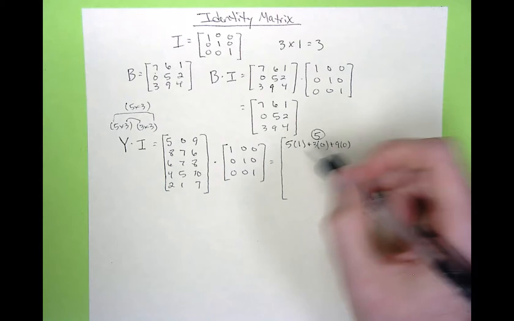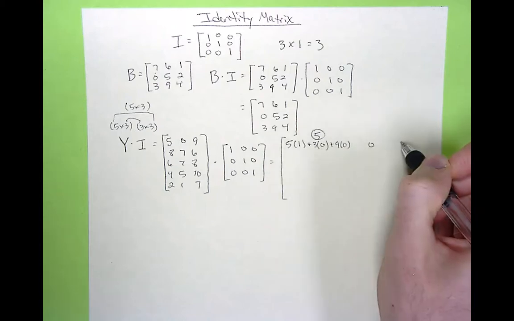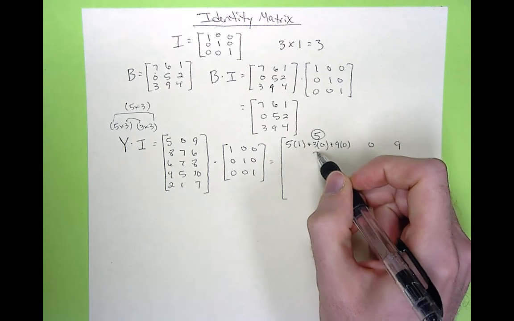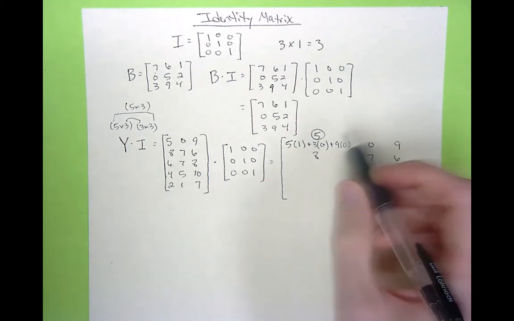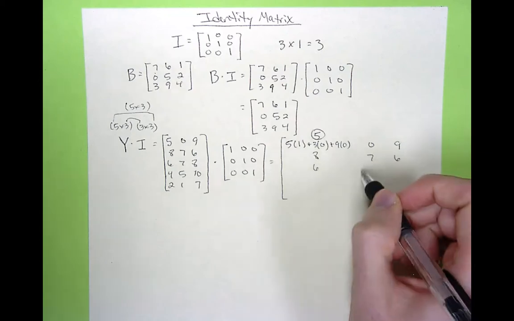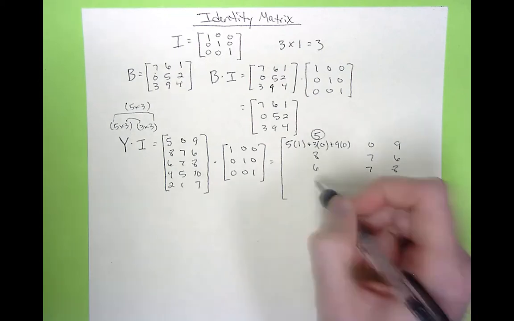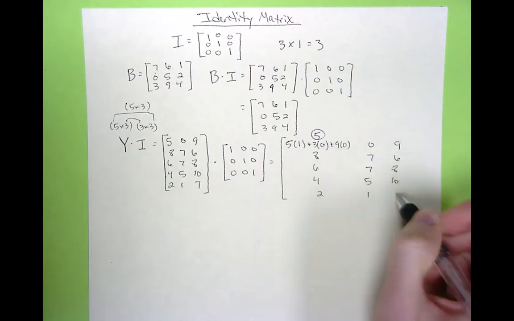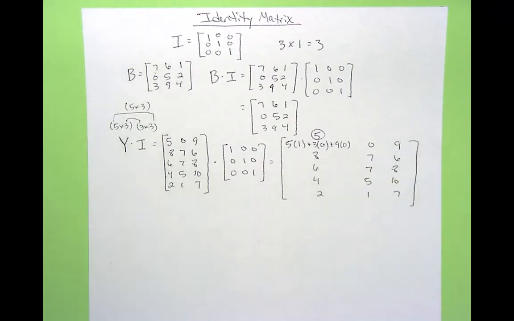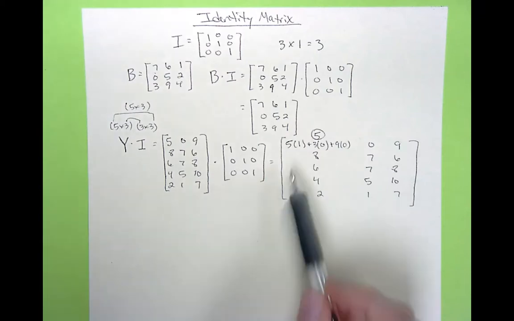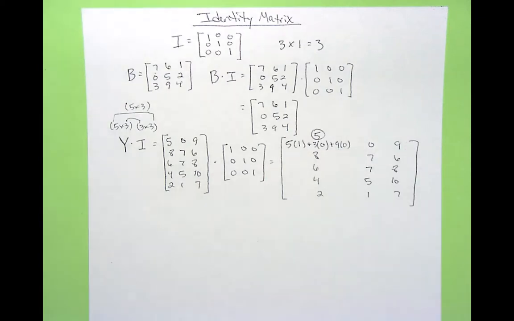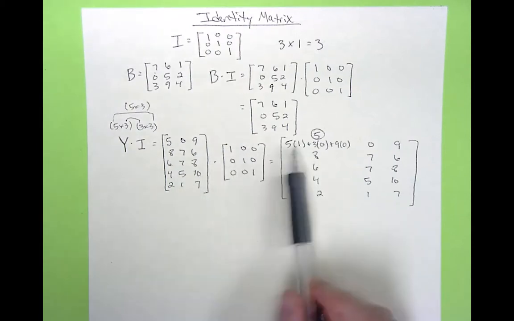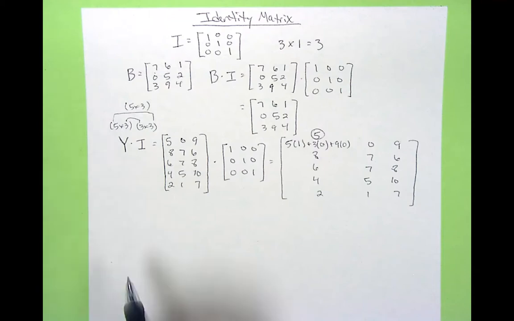Okay? And if we keep doing that, we will actually get the same values as Y. So 8, 7, 6, 6, 7, 8, 4, 5, 10, 2, 1, 7. I spared you the boredom of doing this process through each one, but in summation, when you multiply once again a matrix by the identity, you will get that matrix again.